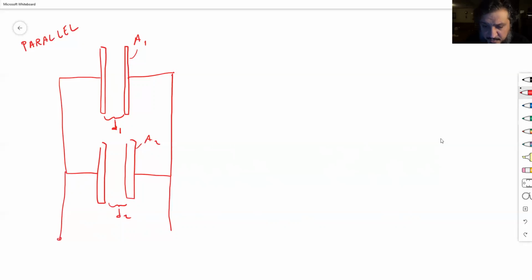Now, if these 2 points are held at a potential, call it A and B, this is delta V, A, B. Because we have charge on the capacitors, we have a potential difference between the plates.